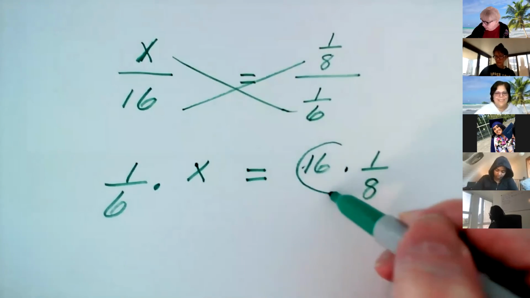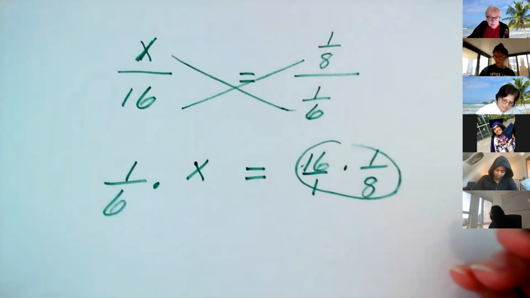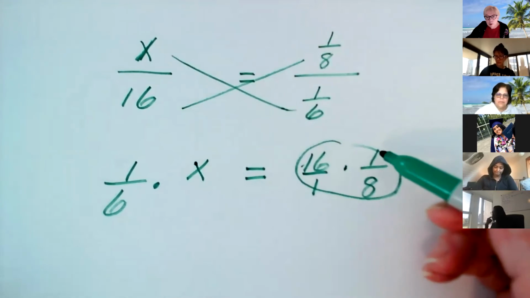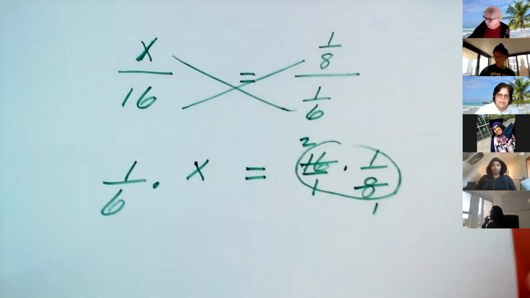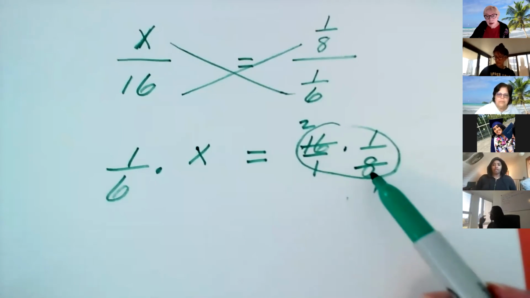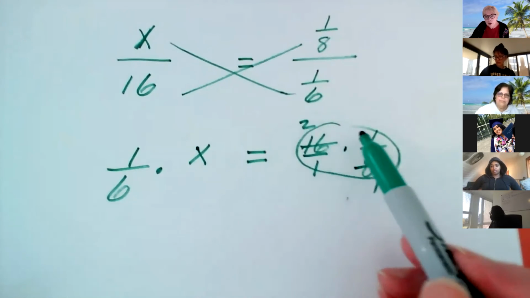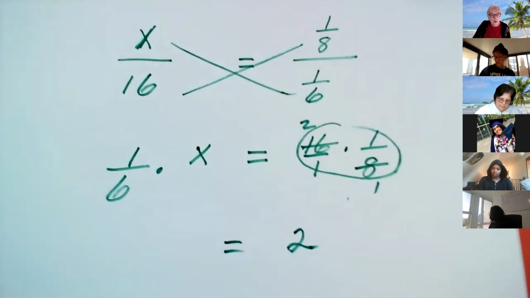This side is good. This 16 over 1 times 1 over 8 could easily be reduced. 8 goes into 16 twice and into 1. And so when you multiply across, this side is just 2.